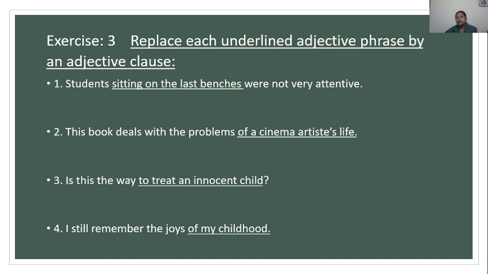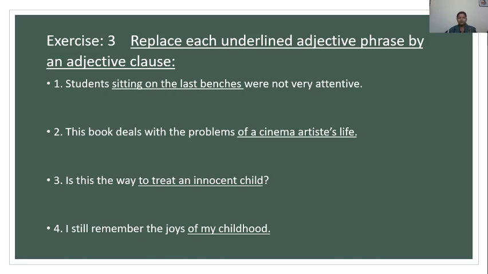So what exactly do you have to do? Whatever phrase is used in the sentence has been underlined. You have to provide a subject and finite verb to it. So that will be converted to a clause. Now look at the first one. Students sitting on the last bench were not very attentive.